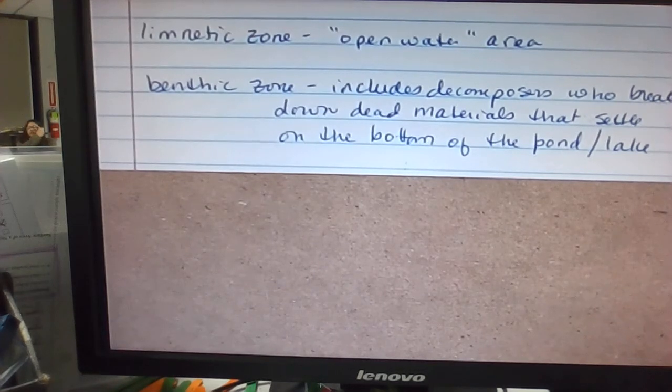So this zone includes decomposers who break down dead material that settles on the bottom of the pond or lake.